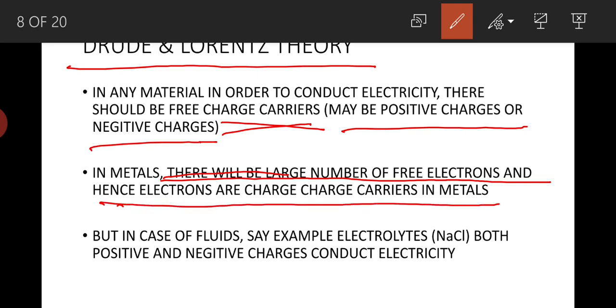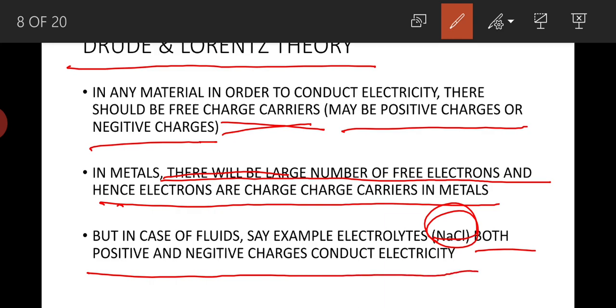Whereas in the case of fluids, for example an electrolyte like NaCl, if we pass electricity through NaCl, NaCl will be dissociated into Na plus and Cl minus ions. In this case, both positive and negative charges will conduct electricity.